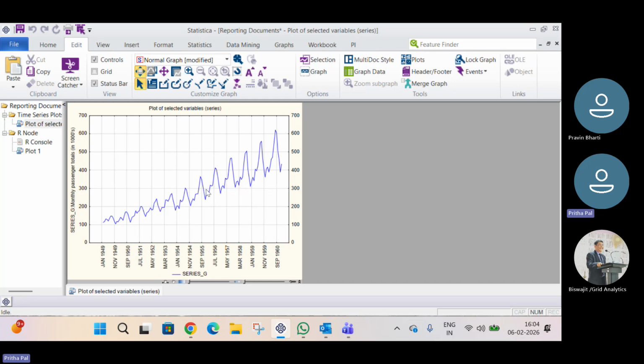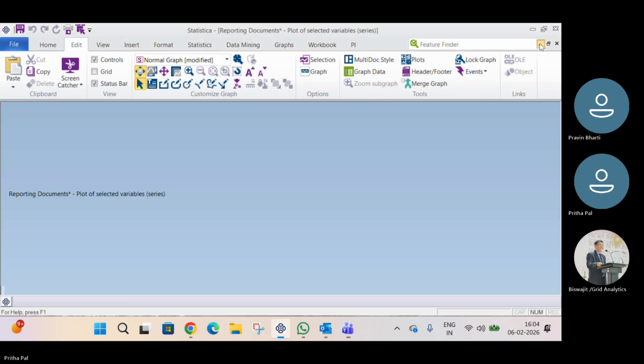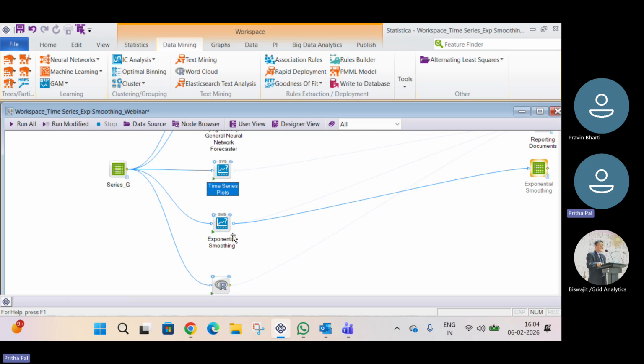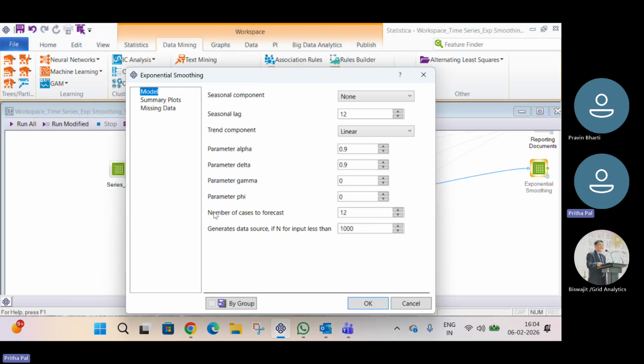So this indicates multiplicative seasonality rather than additive seasonality. So we can very well see from the graph that for the air passenger data, the trend and the seasonality are present.